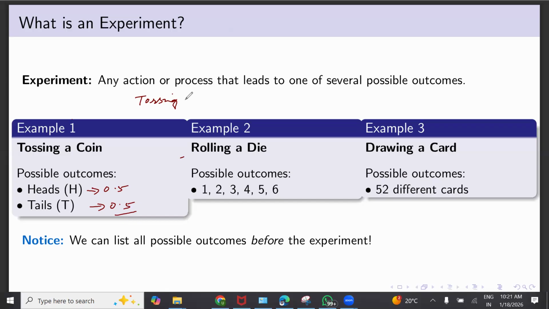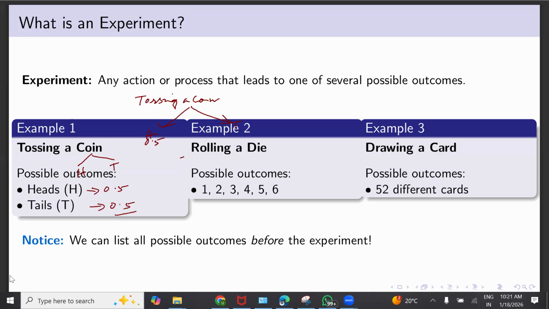Tossing a coin, so it is like head, H, tail, like that you can do. So you can try to understand in this way also, not a problem, whatever the possible way. I'm just telling you to be aware of it. You can do it later on.